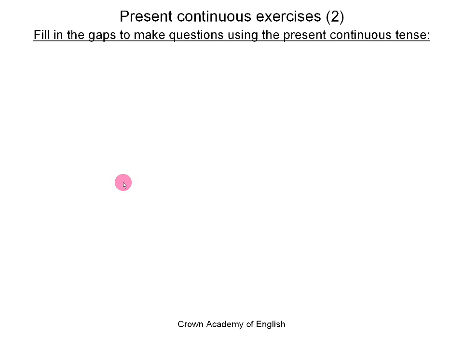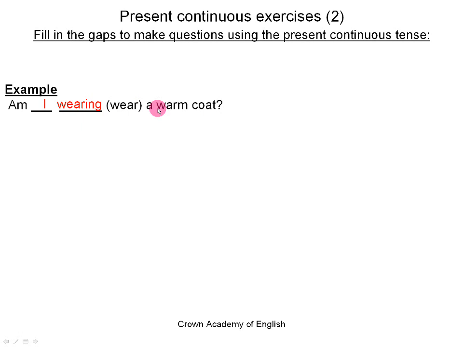Okay, so this is the same exercise, except this time I want you to fill in the gaps to make questions using the present continuous tense. Example. So the answer would be, am I wearing a warm coat?